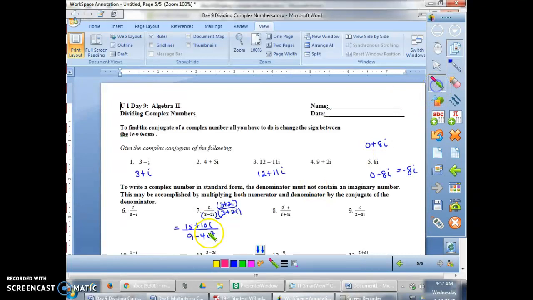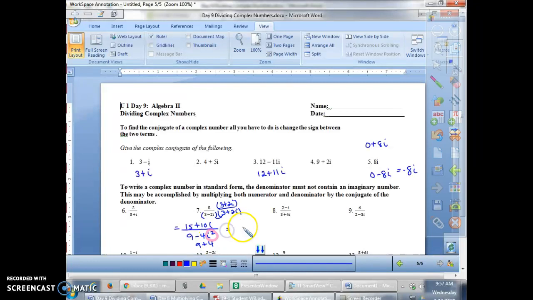But we do this because we know that i squared is really a negative 1. So I'm going to multiply negative 4 times negative 1, making it 9 plus 4, which is going to be 13. So the final answer is 15 plus 10i over 13. And remember we talked about yesterday that if all three of these numbers that I'm pointing out right now are divisible by the same thing, you can simplify it, but this cannot be simplified anymore.